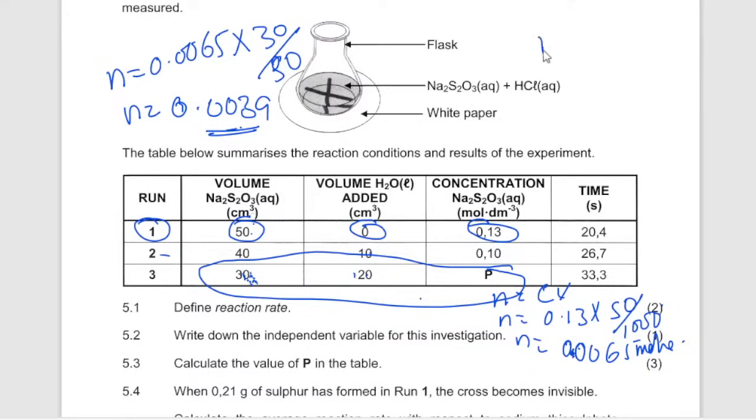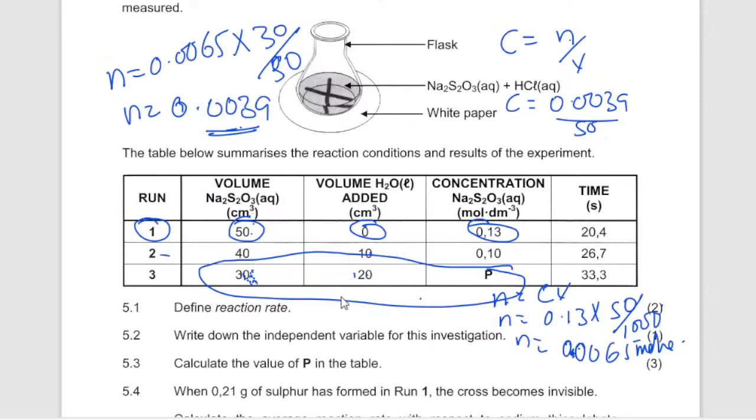Therefore the concentration is going to be equal to the number of moles divided by the volume. So the concentration is equal to 0.0039, the number of moles, divided by the total volume, which is 50.